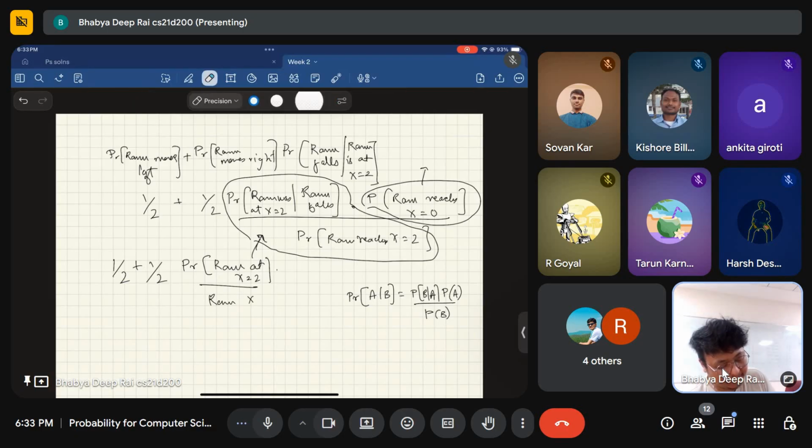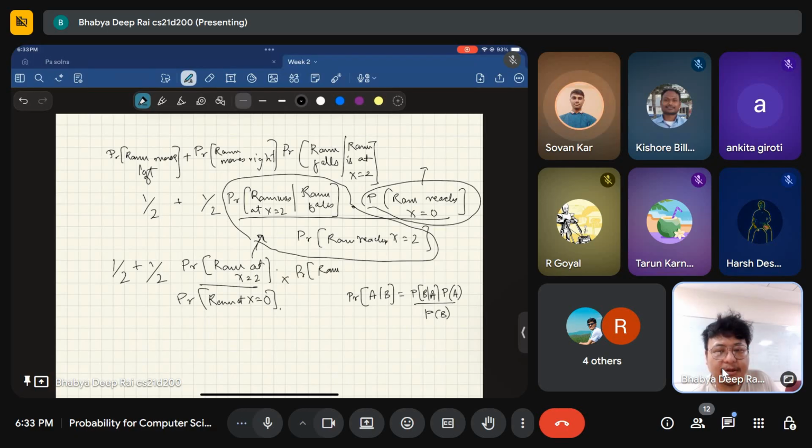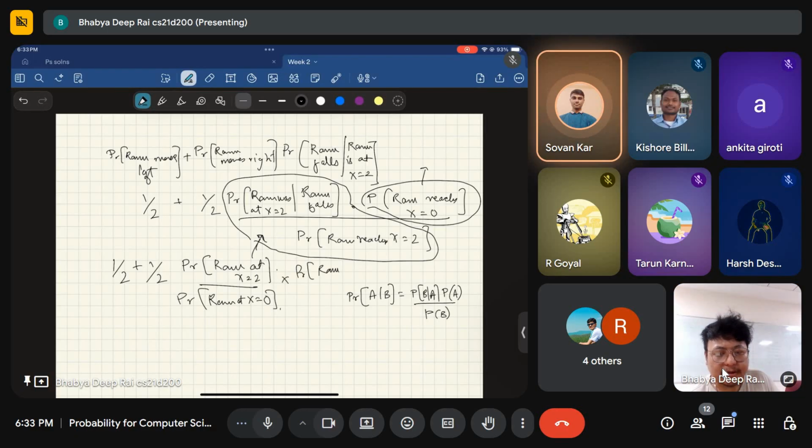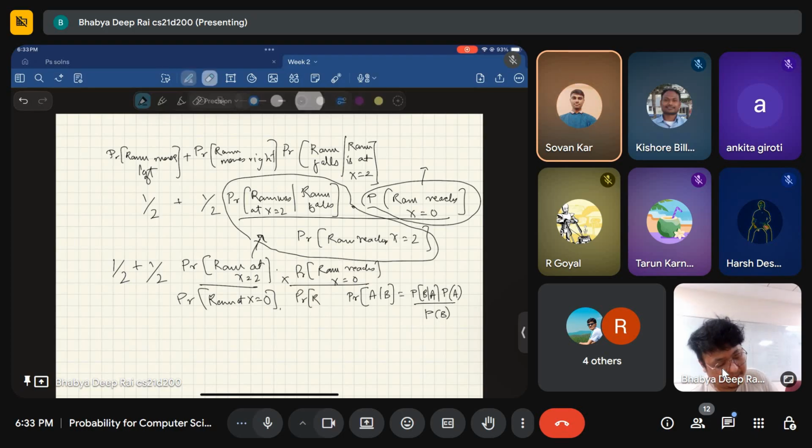This is what you mean, no? That is what you get here. Right? Yes. Just write the thing. Ramu reaches x equals to 0. Right.